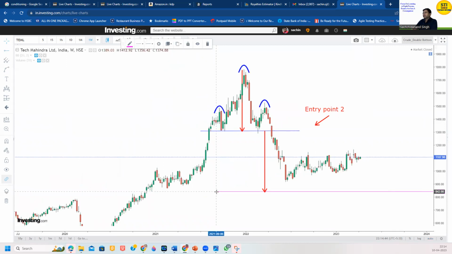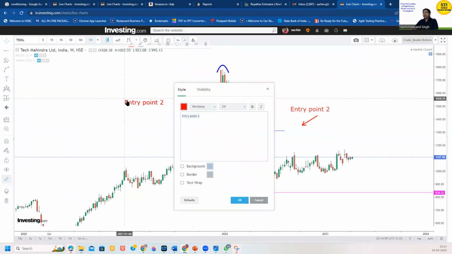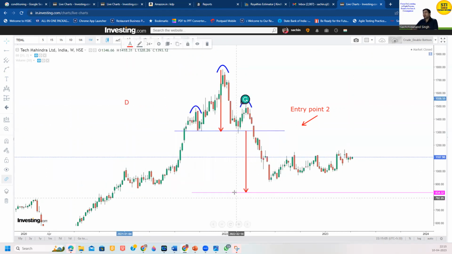As per today's learning of Tech Mahindra, the price has not yet touched the second target. If anyone is following Tech Mahindra, you can keep an eye that whatever we are learning today may get applied.